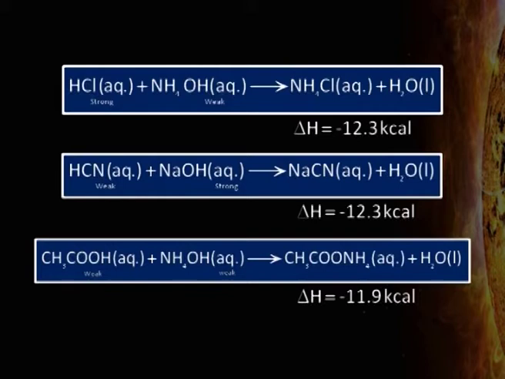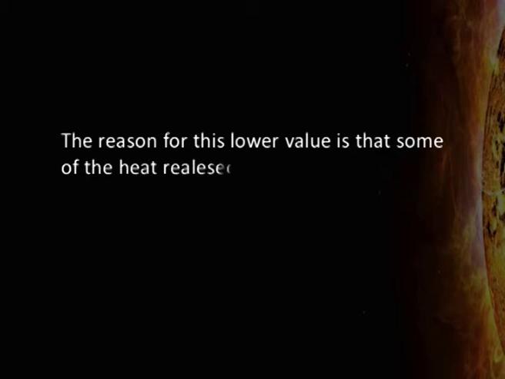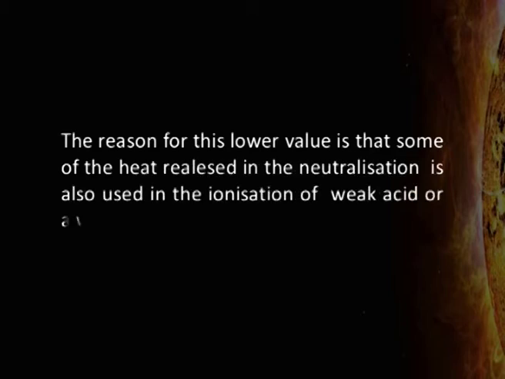We can see that delta H neutralization in all these three cases is less than 13.7 kilocalories. The reason for this lower value is that some of the heat released in the neutralization is also used in the ionization of weak acid or weak base or both.